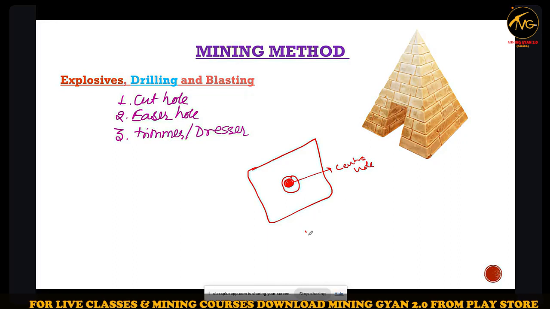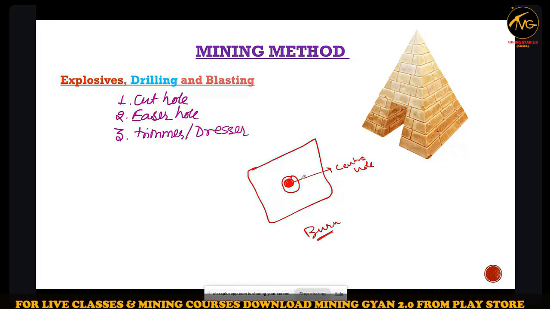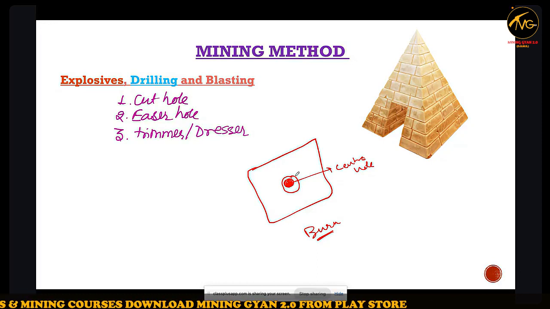We are discussing burn hole, right? Burn drilling. This is the center hole. This is the cut hole. Then the first ring, second ring. So this is the first ring.